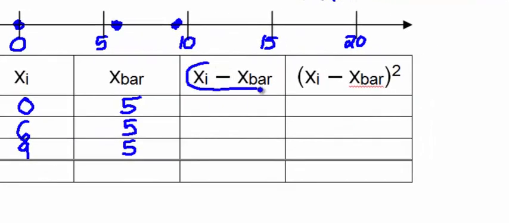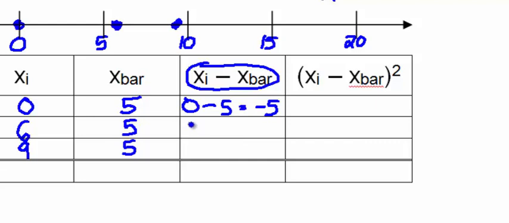that's what this is. Deviation is just another way of saying distance from a value. So if we take a 0, which is our first x, and minus x bar, we get negative 5. So this value is 5 units to the left of the mean.